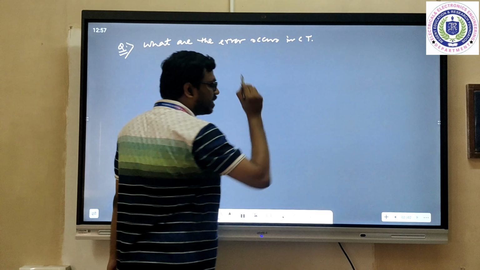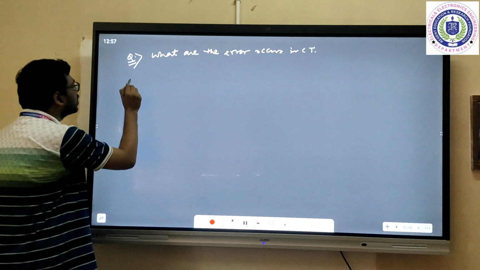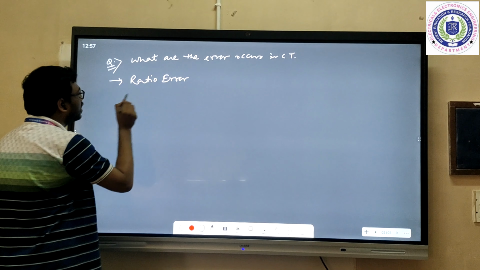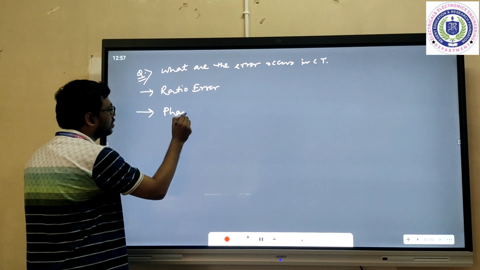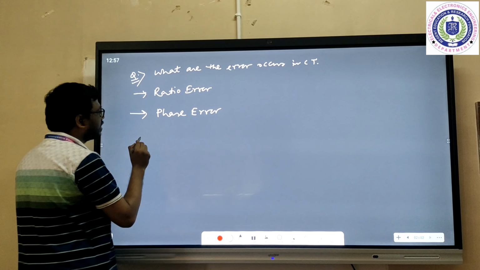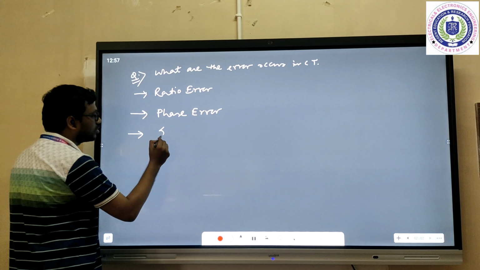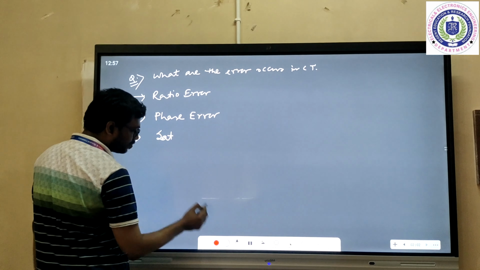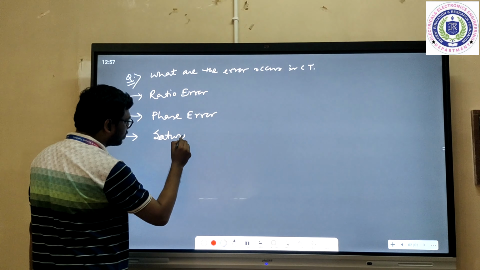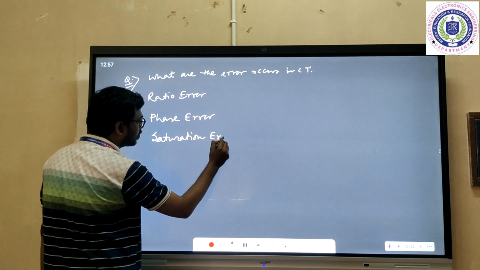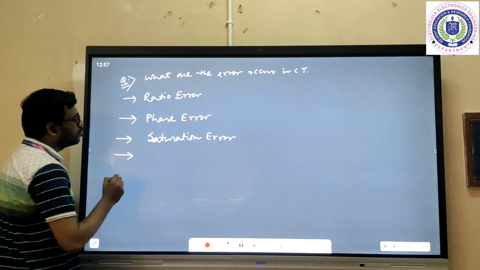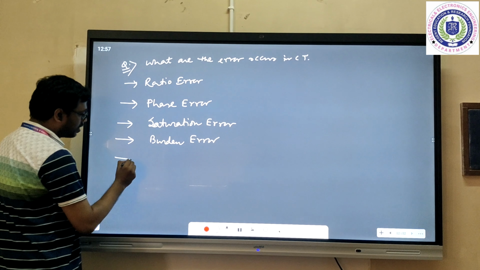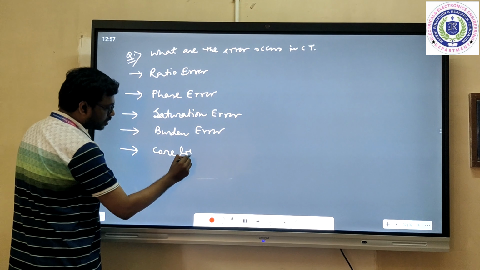So the first one is ratio error, then phase error, then saturation error, then burden error, then error occurred due to core losses.